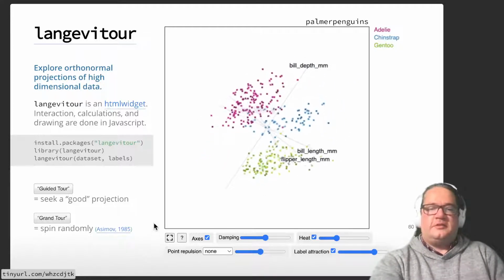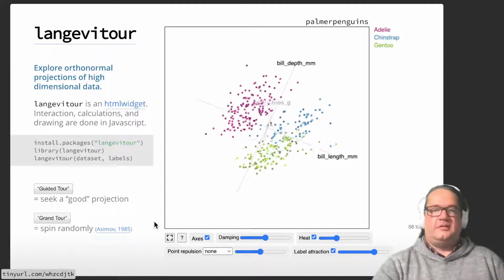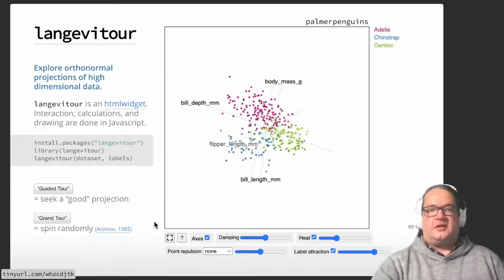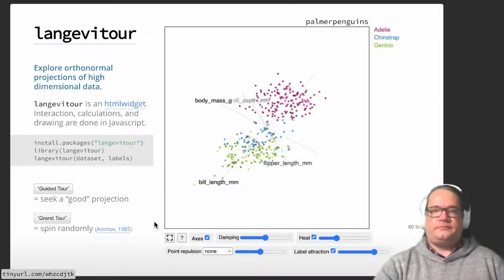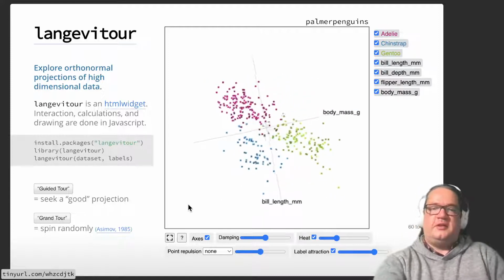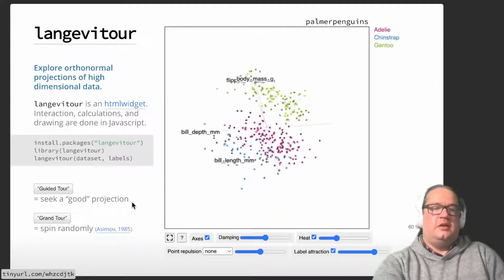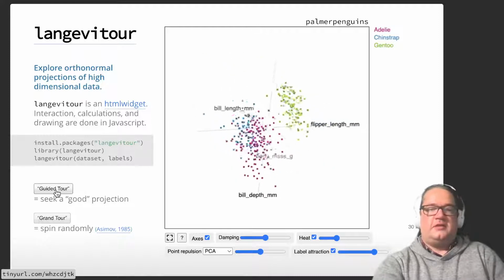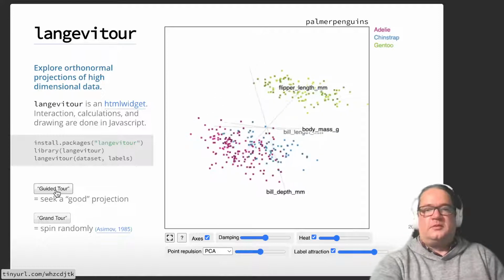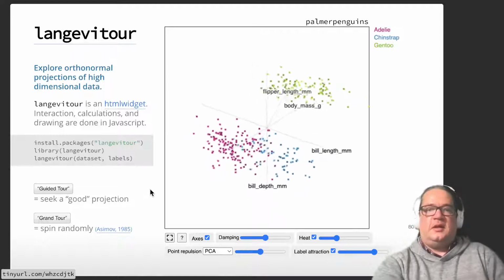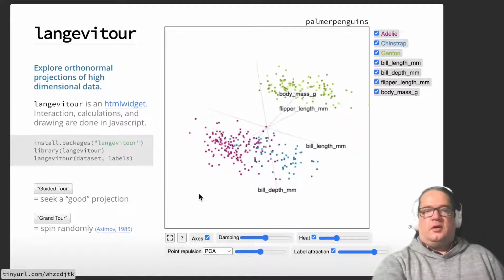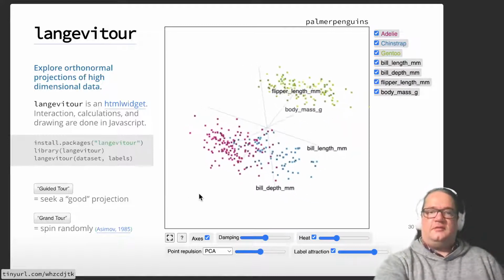So what this is doing, we have a high-dimensional data set, and it's showing projections of that data into 2 dimensions. In the mode it's currently in, it's spinning around randomly. We can also switch it into a guided tour mode. Then this seeks some sort of optimal projection, where optimal could be fairly arbitrary.